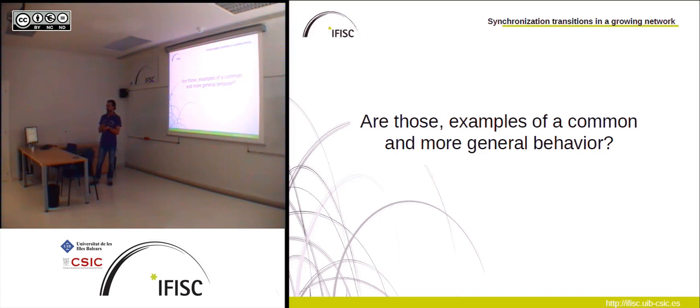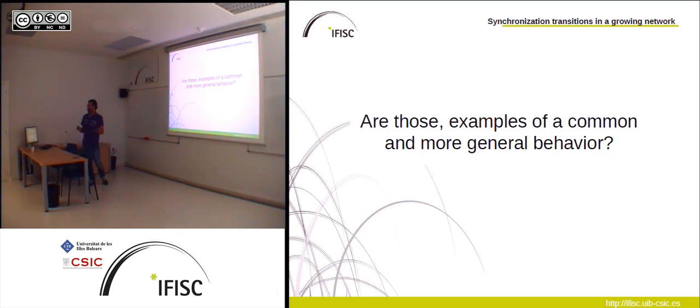And if yes, what is it? Are the systems peculiar to show these two transitions, or is it something more general that can be put in the same type of behavior, in the same type of transition, and something that you can understand only with one model, if you want.